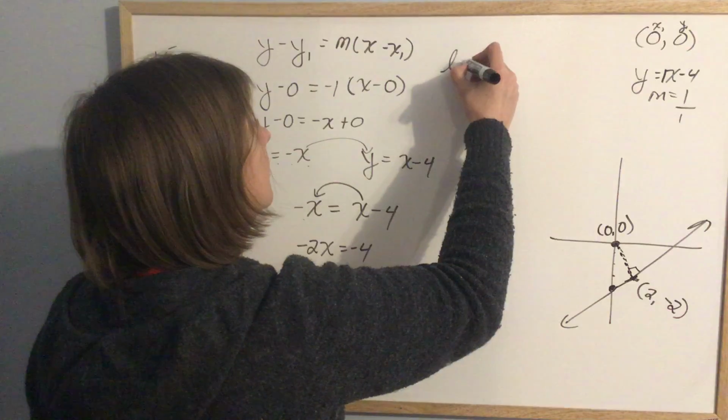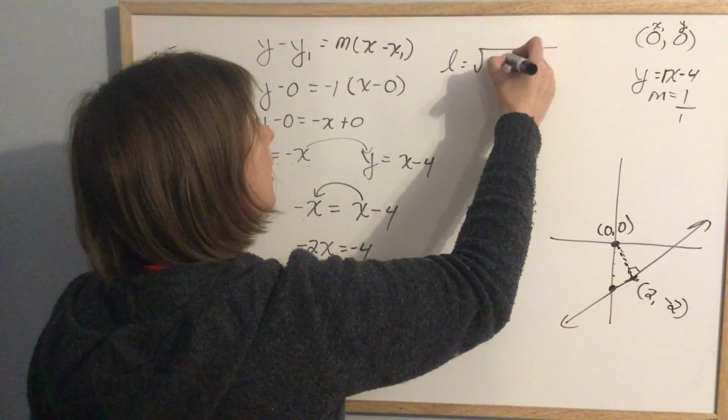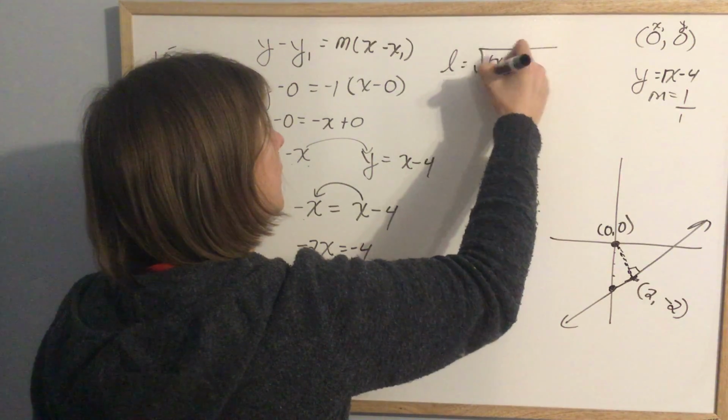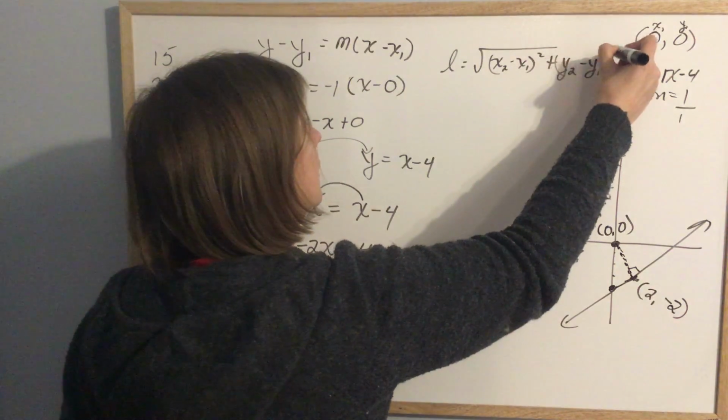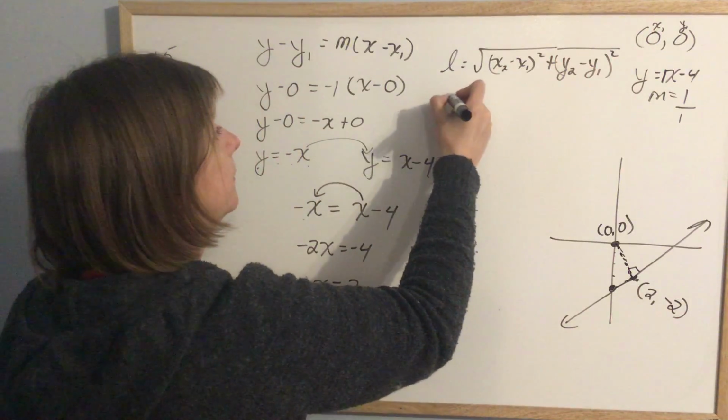I can do the length of a line formula, which is x2 minus x1 squared plus y2 minus y1 squared, and then take the square root of it.